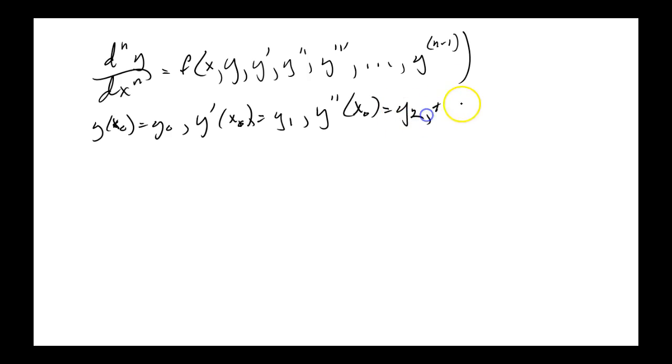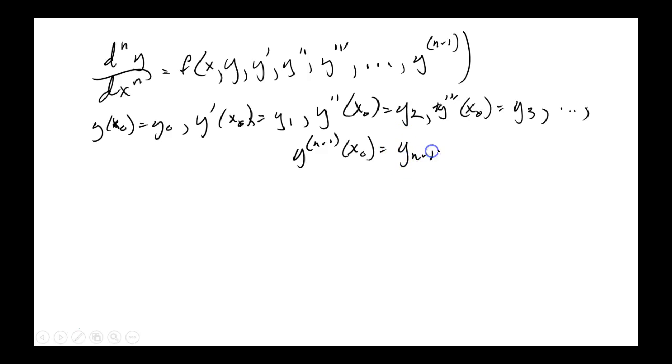You know y triple prime at that same value, x sub 0, to be y sub 3, and so far on up to and including the nth minus first derivative of y at x sub 0, which would be y sub n minus 1.